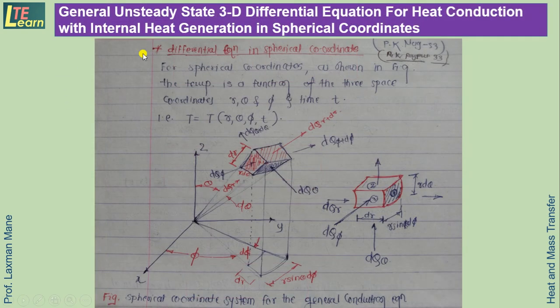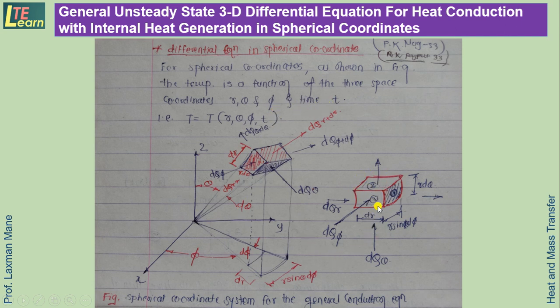This is the third coordinate system, that is spherical coordinates. For this differential equation, here is the diagram. For spherical coordinates as shown in the figure, temperature is a function of three space coordinates. First is r, along the radius, theta along the angle, and phi, the second angle, which is the rotation about the z axis, and time t.